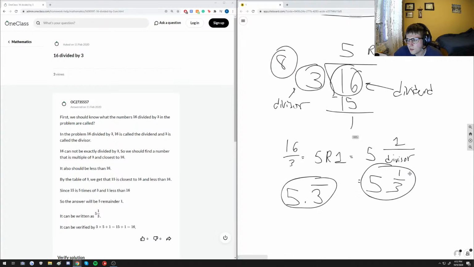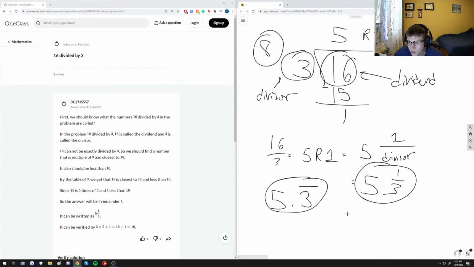If we want to verify that 5 1/3 is correct, how you normally convert mixed numbers to improper fractions is you multiply the denominator and the whole number, add the numerator, and put it over the denominator. We get 5 times 3 plus 1, so you get 16 over 3, and that is what we had.